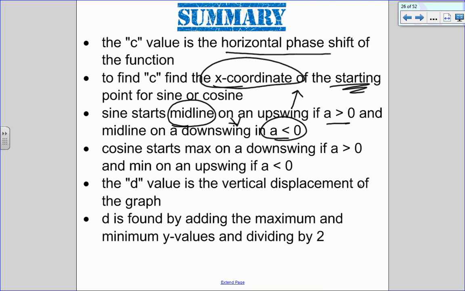Cosine starts at a max or a min. So if it's at a maximum, it's high, that's good, which is positive. Minimum is low, which means A is negative. Your D value is called your vertical displacement, and it's found by adding max and min y values and dividing by 2.